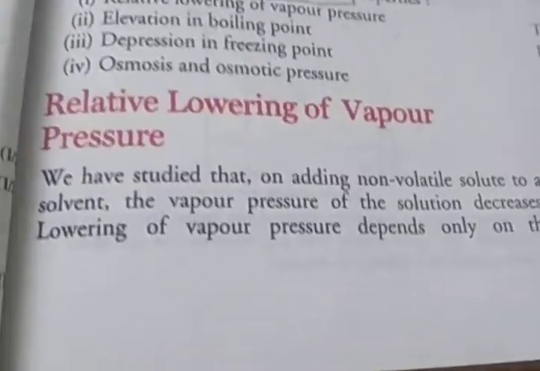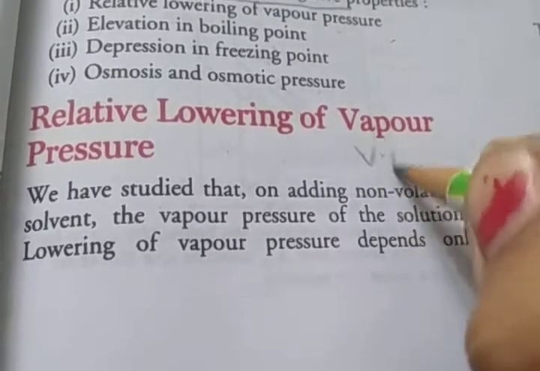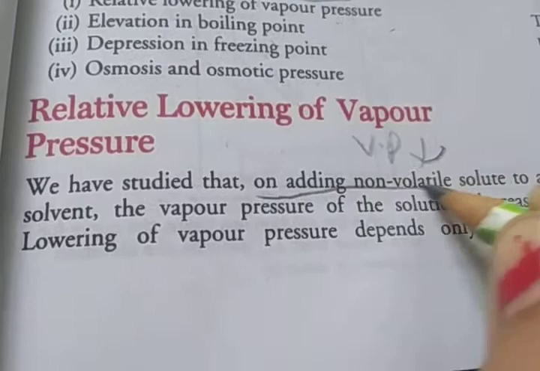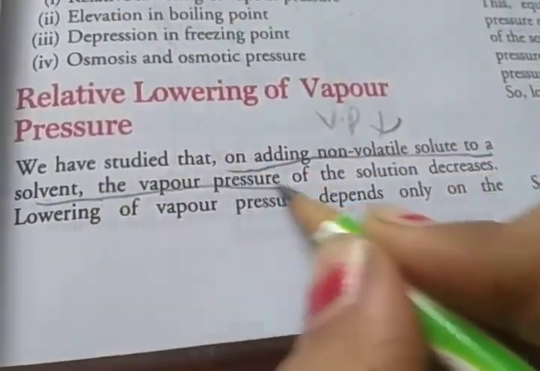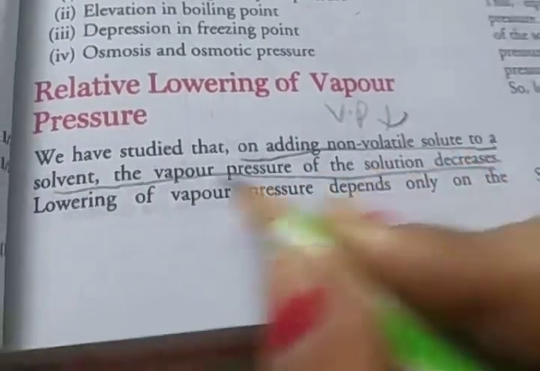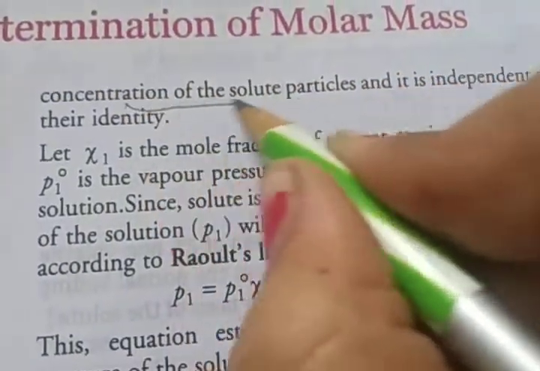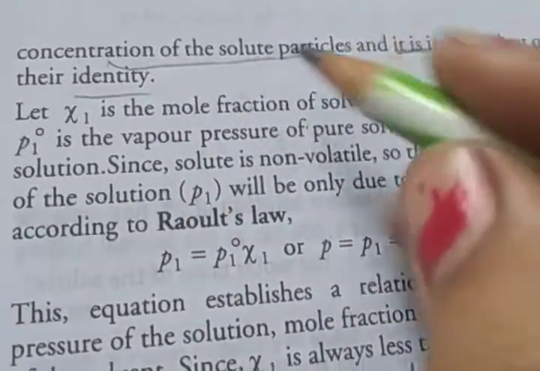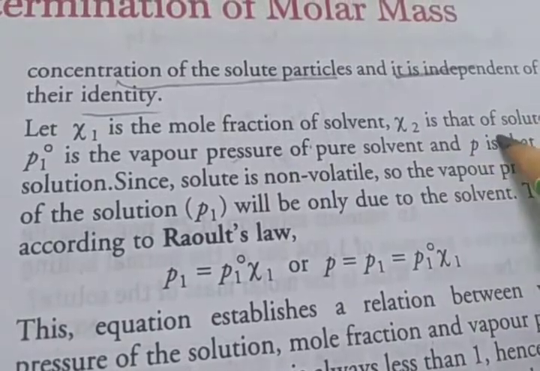Relative lowering of the vapor pressure means the vapor pressure becomes lower. On adding a non-volatile solute to a solvent, the vapor pressure of the solution decreases. The lowering of vapor pressure depends only on the concentration of solute particles and is independent of their identity. For example, x1 is the mole fraction of the solvent and x2 is that of the solute.